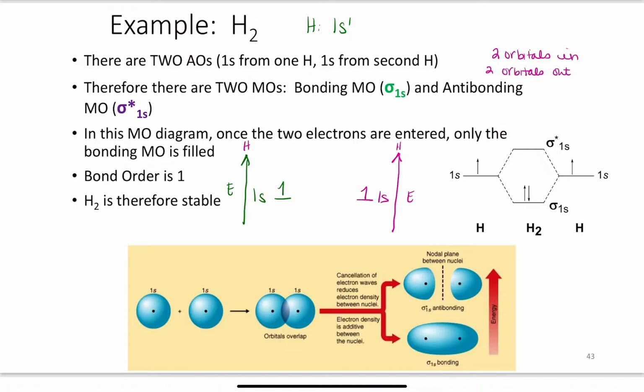We call one your bonding orbital and one your antibonding orbital. And because we know hydrogen is going to form sigma bonds, it is called a sigma orbital. So the first one that forms is bonding. It's a sigma 1s, and this is a bonding orbital.